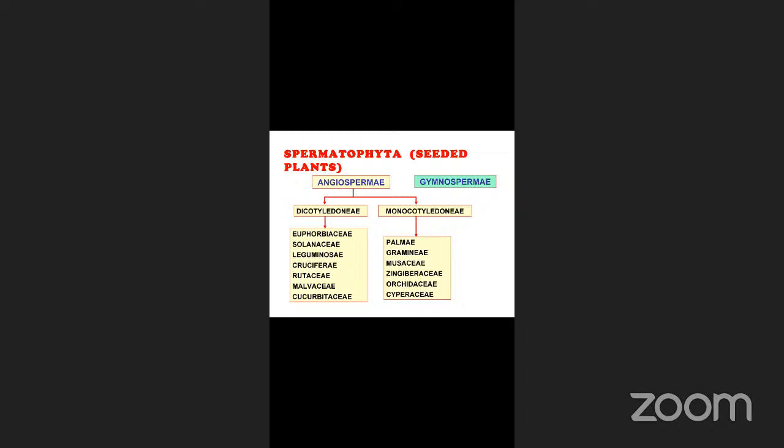Next, Graminae, the alternate name is Poaceae. All these are traditional names and alternate names. For example, Musa paradisiaca classification.